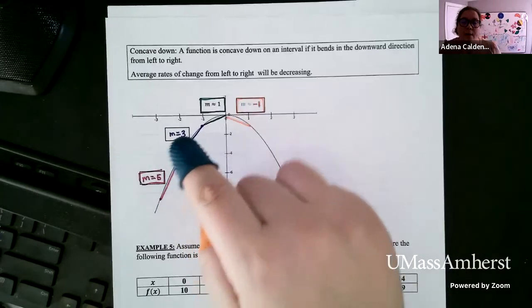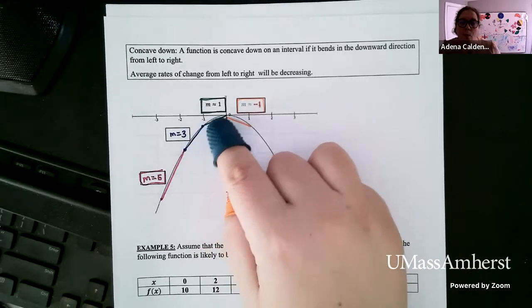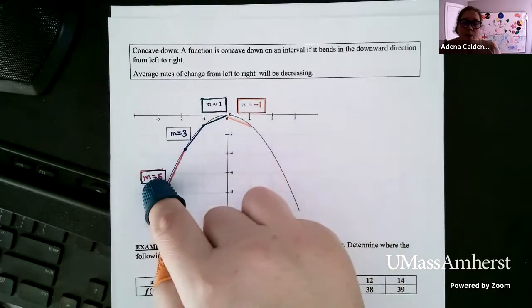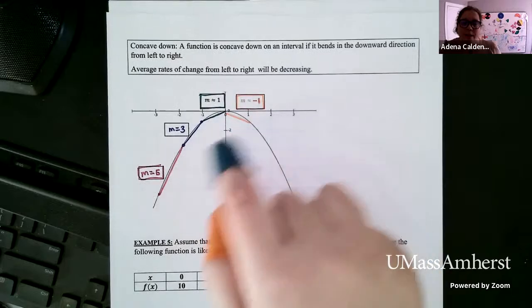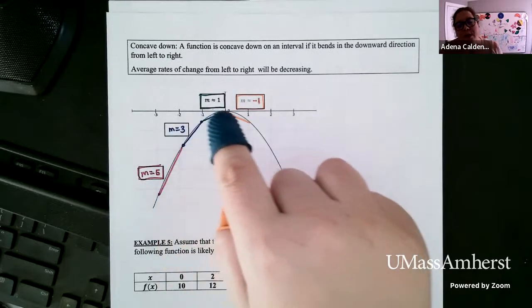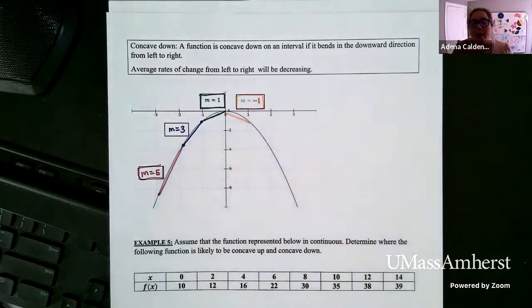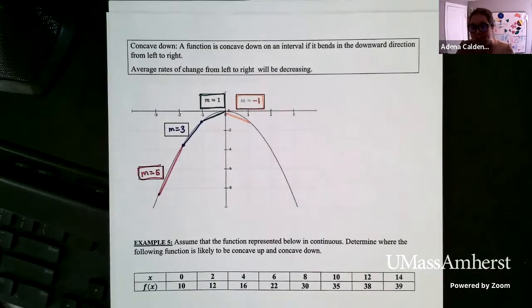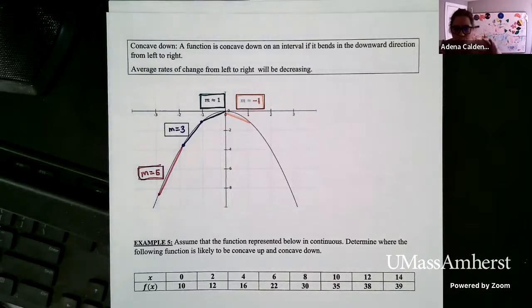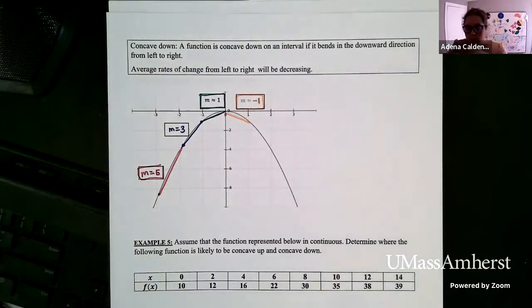So 5 and then 3 and then 1 and then -1, those values are going down, they are decreasing. If your average rates of change are decreasing, then your function is concave down. So concave down looks like a hill or a frown, we're bending downwards, okay?